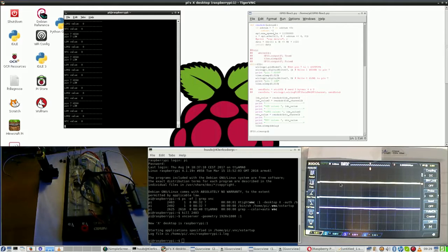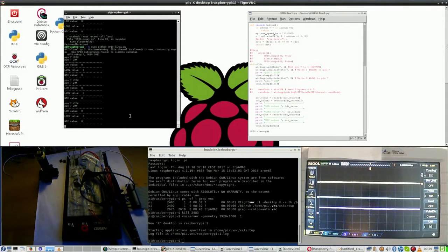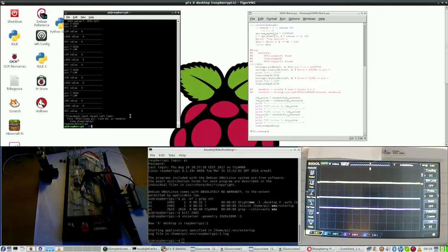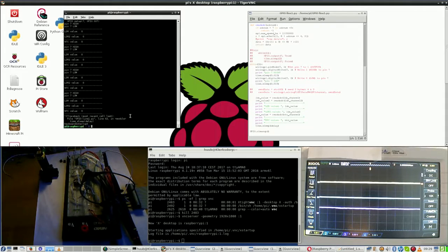So that is in itself correct. The fact that I don't have any value is a lot less correct. So let's try to get something out of it, but somehow it just won't work. It's all 0.